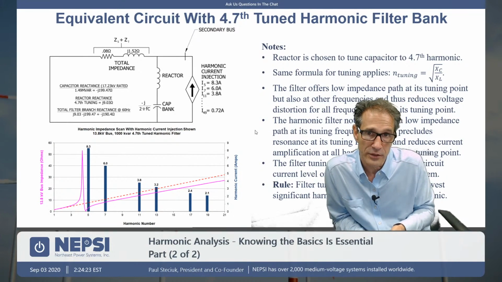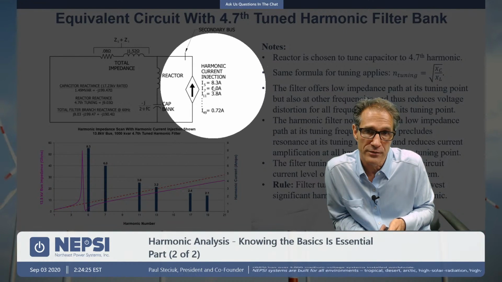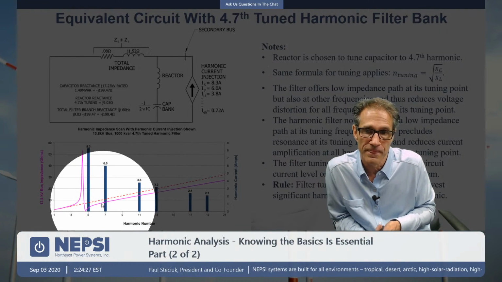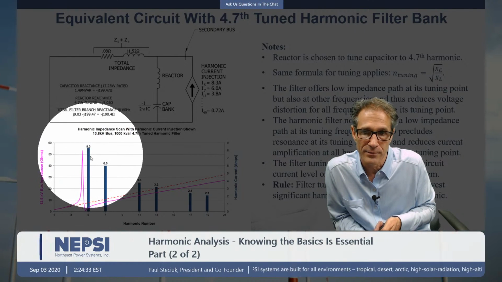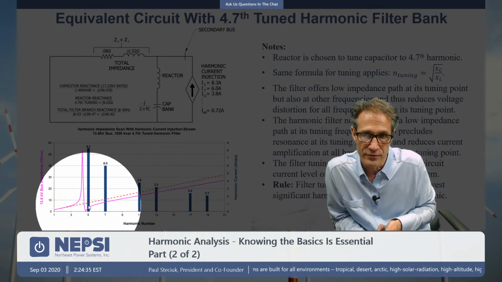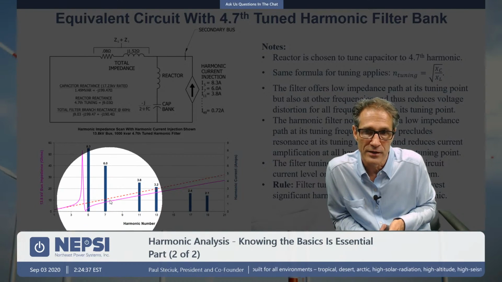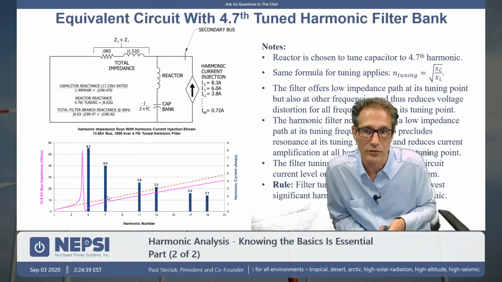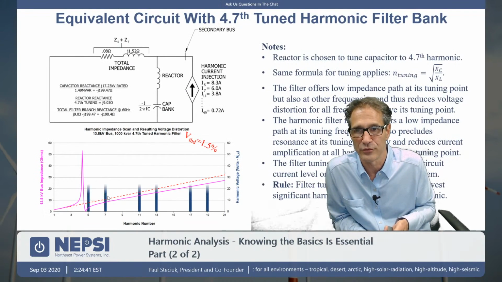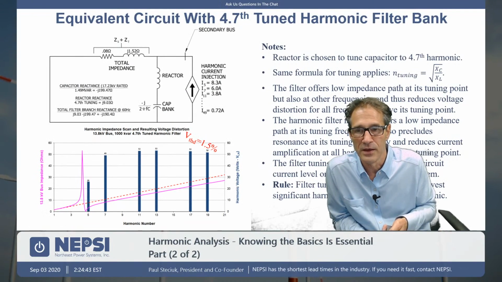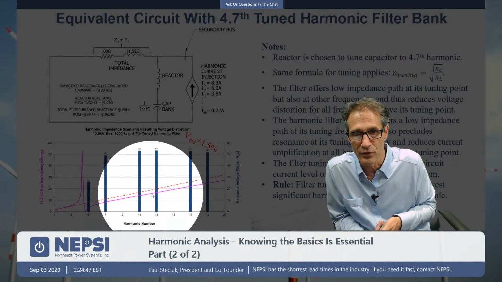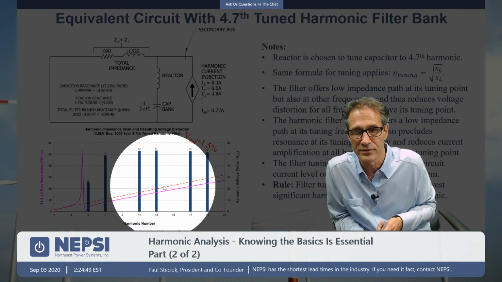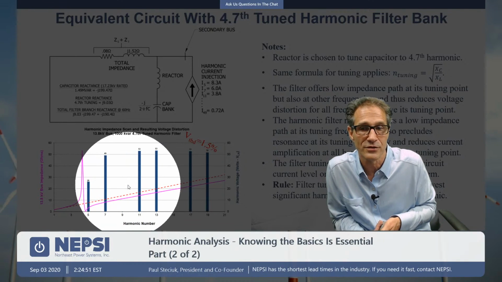If we look again at the harmonic current flow here, we took these harmonic currents, just to refresh you, put them on the curve, and injected them into the impedance. So it's that value of amps times the value of the magenta curve, and you get the value of volts. We do that at each and every harmonic. Obviously, in this case, where the harmonics are located, we have no resonant condition, and therefore the voltage distortion is low.